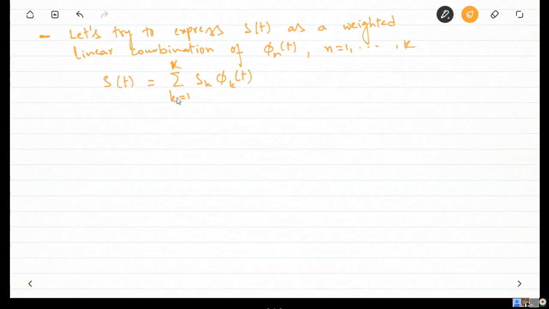Please note that this is a small k, lowercase k, and this is a capital K. In almost the entire class, what we will try to do is find when we can represent this signal S of t, which is a finite energy signal, as a linear combination of a set of orthonormal signals phi k of t, k equal to 1 to capital K. As I'm saying, this is only an approximation of the signal.